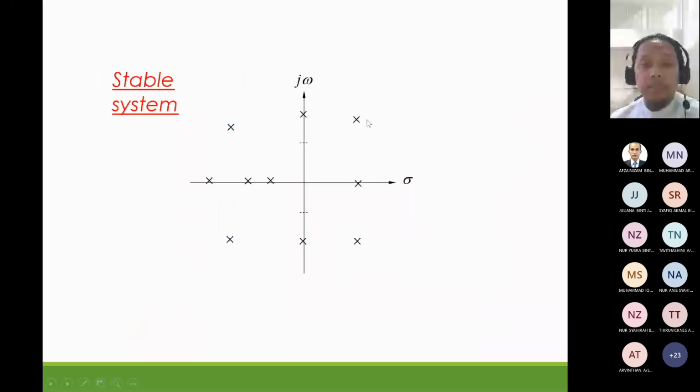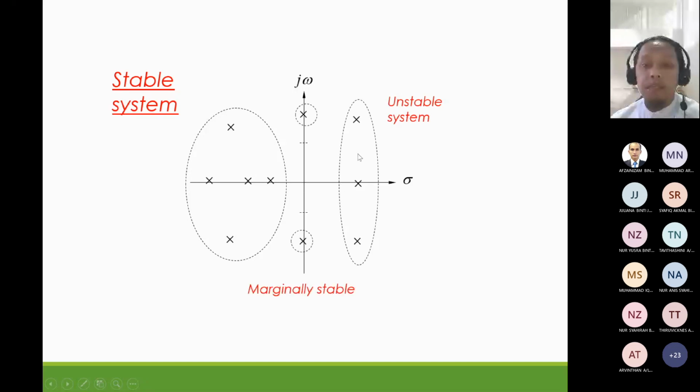Now let's summarize how to determine the system stability from poles. If all of the poles are located on the left half plane, then the system is stable. But if at least one of the poles is located on the right half plane, then the system becomes unstable.